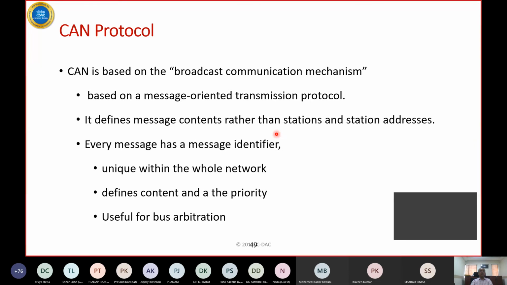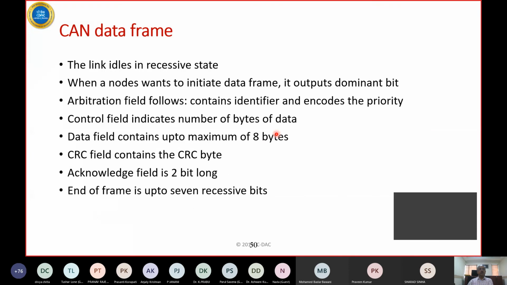Another is related to the crash sensor getting activated. All this is defined for a given system by the designer of the CAN system which is going to be used.